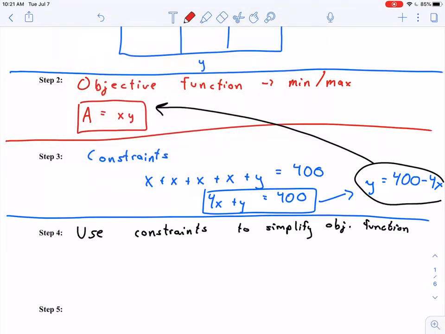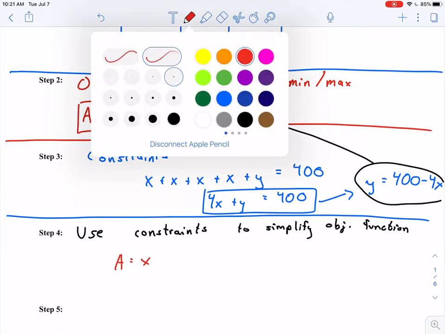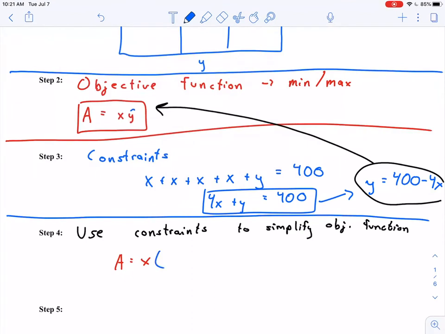So my area function here is area equals x, but then instead of y, I'm going to replace it with 400 minus 4x. So x times 400 minus 4x.